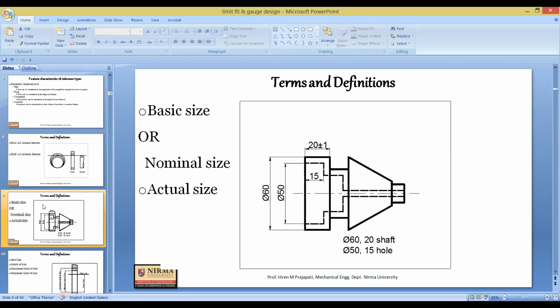as we discussed in the previous session, we always get some variation in the manufactured dimension, due to so many factors involved during manufacturing, during inspection, and due to some material variation.